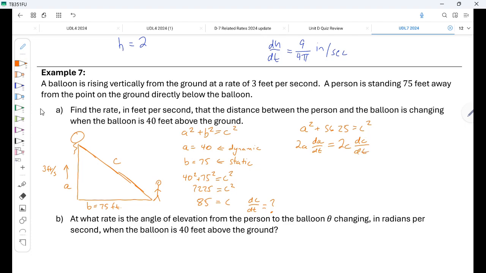Then we really have a simple algebra equation to solve here. So we've got 2 times a is 40, so we've got 80, and dA dt is positive 3 because the balloon is going up, which means that line is getting longer, equals 2 times 85, so say 170, dC dt, which is the thing we're trying to figure out.